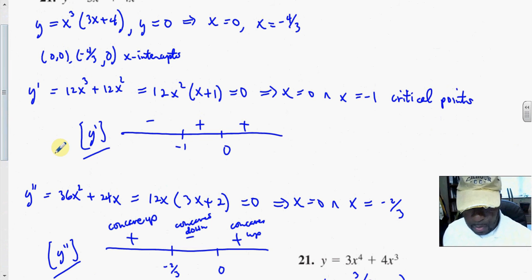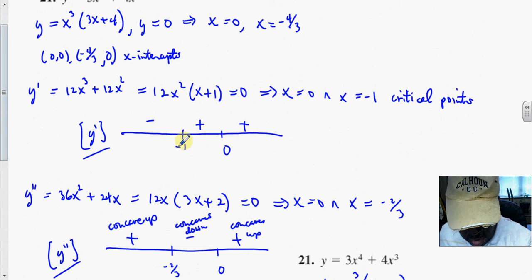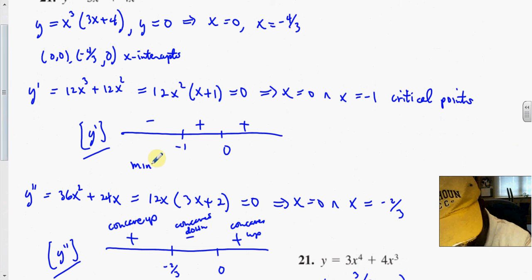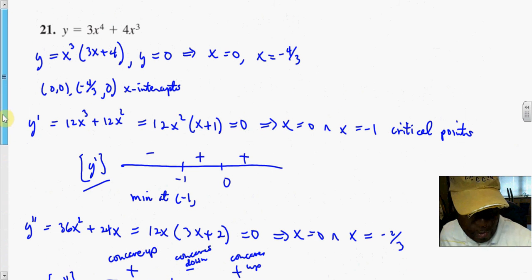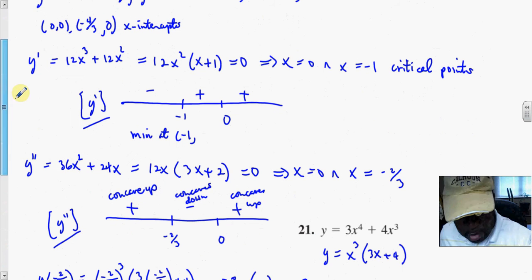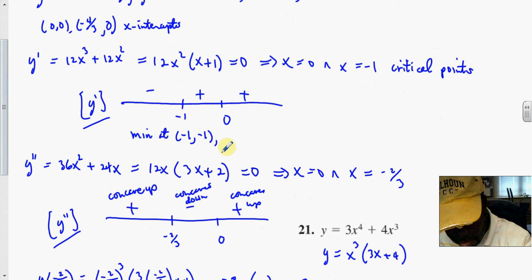Here, the graph is going down, it's going up, so it's going down and up, so we have a minimum at x equals -1, y equals -1.